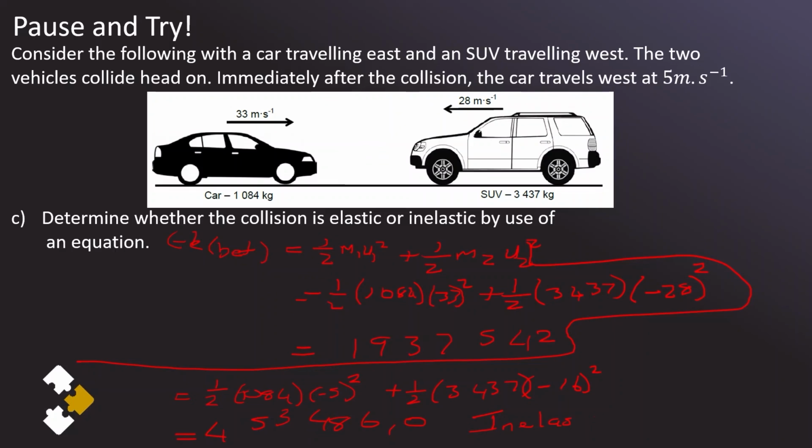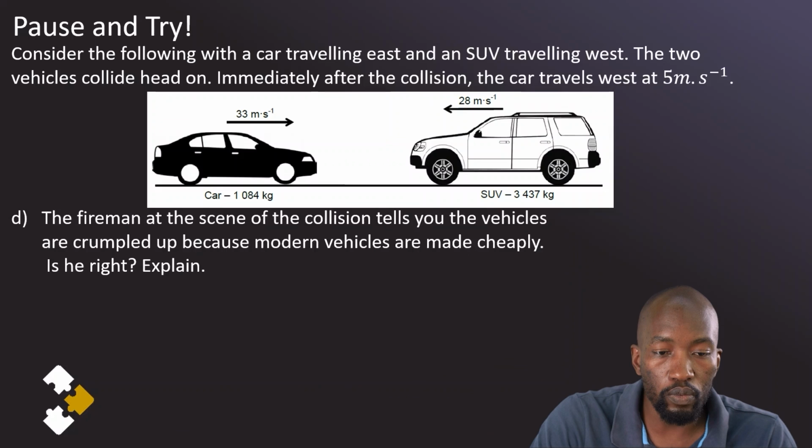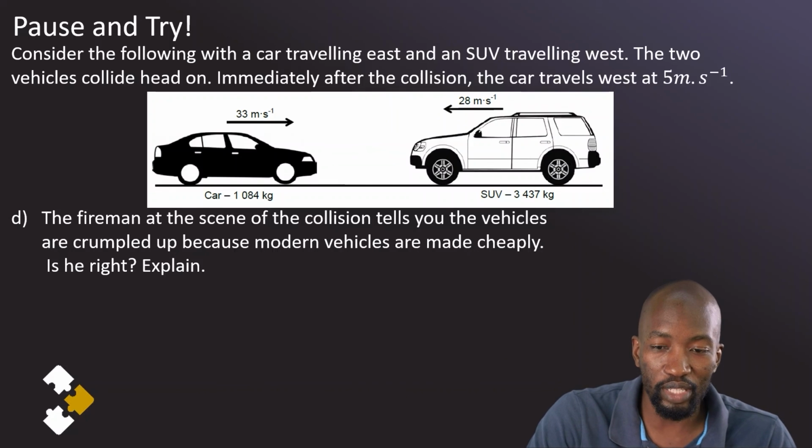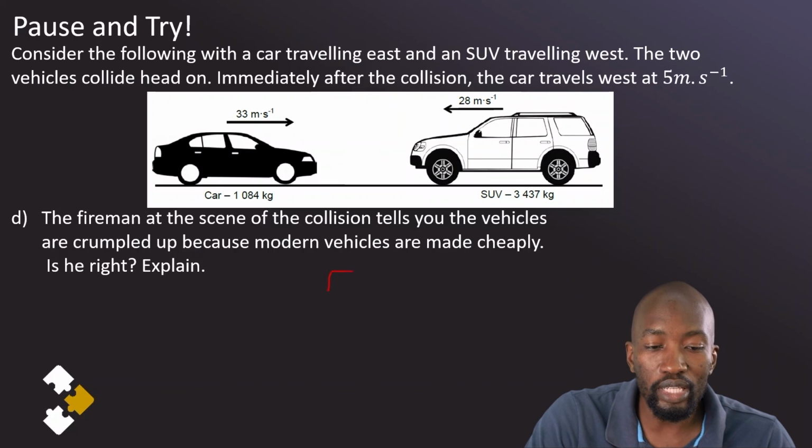D says the fireman at the scene of the collision tells you the vehicles are crumpled up because modern vehicles are made cheaply. Is he right? Explain. No, he isn't right, because modern cars are fitted with crumple zones. Why? So that they can increase the contact time.